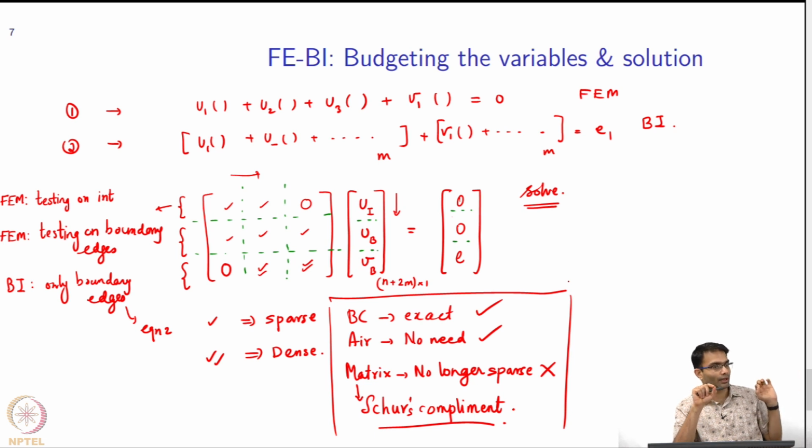One more good thing is we get the EZs and H on the boundary, which is great because it plugs directly into calculating the RCS using Huygens principle, where I need E and H. In the FEM, I got H everywhere, but I need E for calculating Huygens principle.